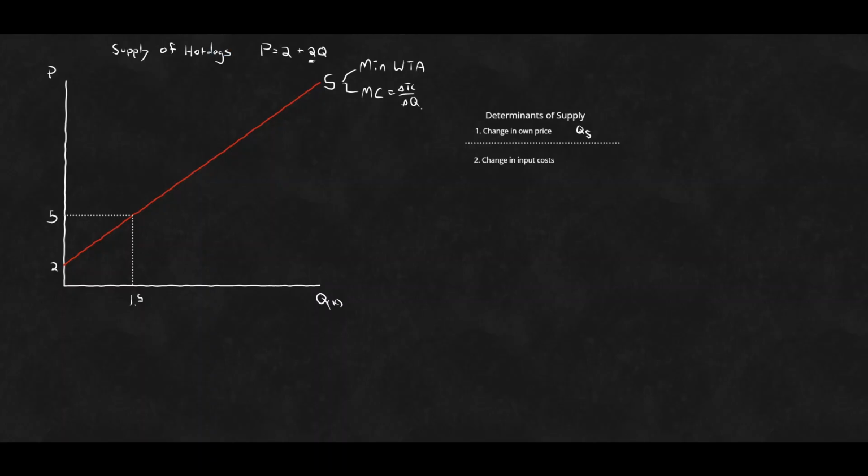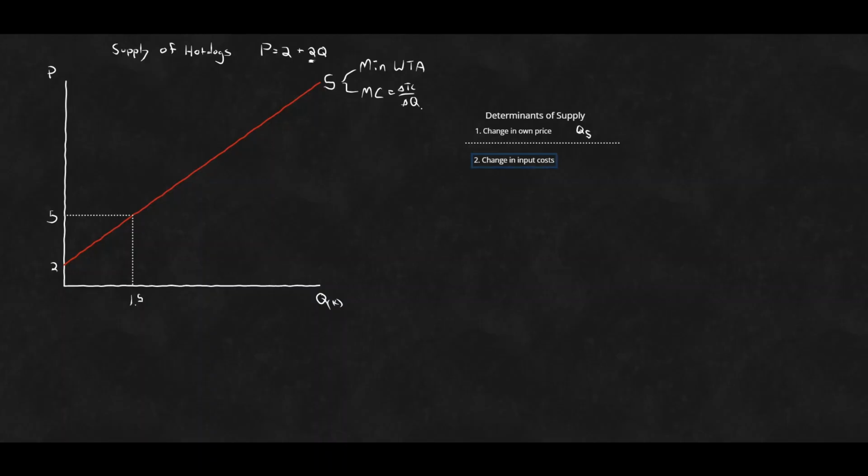Maybe this is the cost of the pig parts that you use in making the hot dogs, or the chicken parts, or the beef, the cow parts. As you go through that, if the price of beef goes up, your input costs are going up. If the price of beef goes down, well, your input costs are going down. Maybe this is the cost of your wages, the prices that you need to pay your workers who are grinding up and making these hot dogs.